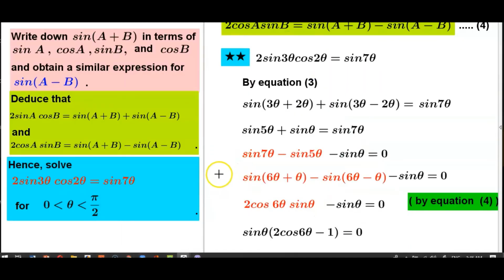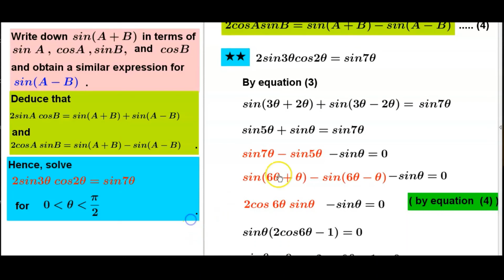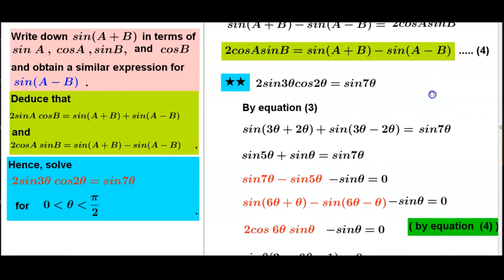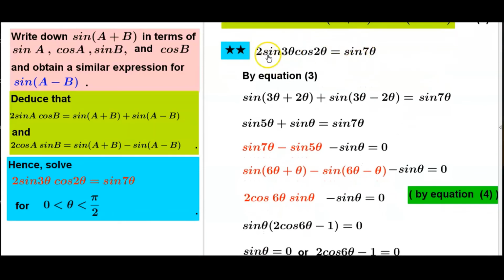This is the previous one. The previous one, we solved this: 2 sine 3 theta cos 2 theta is equal to sine 7 theta. Here we start to solve this, then we expand and do some substitution.